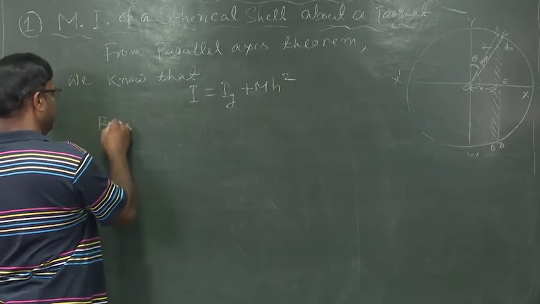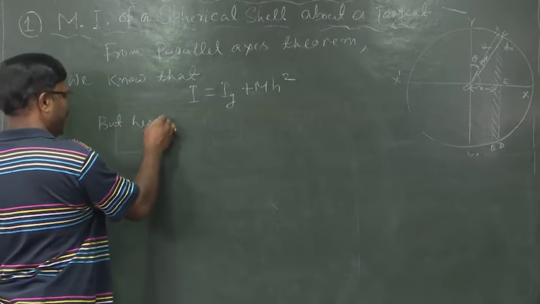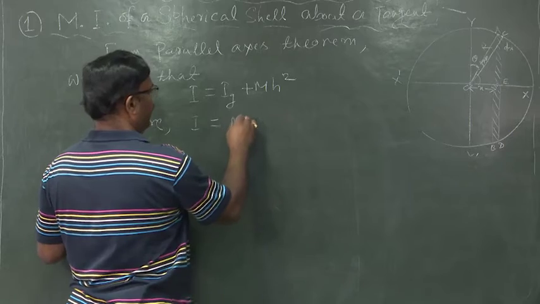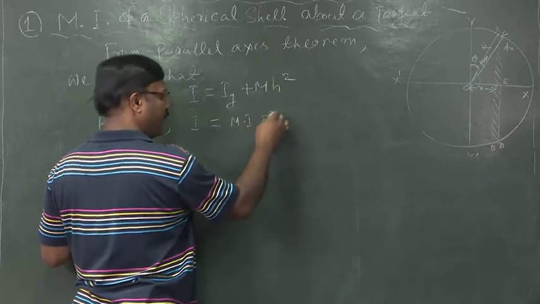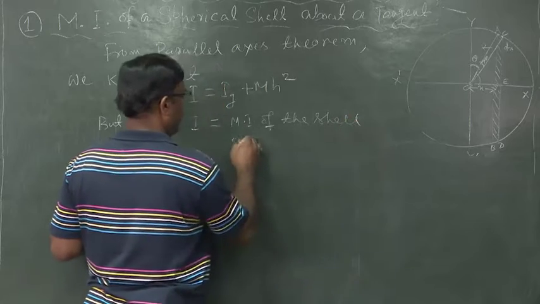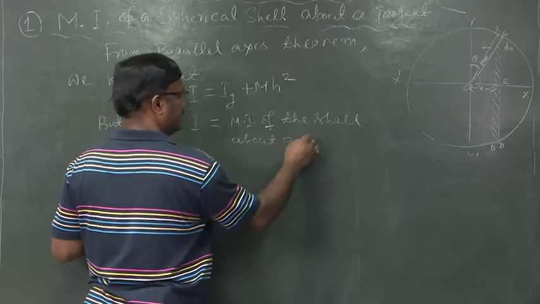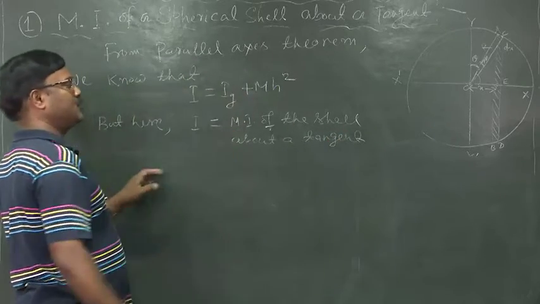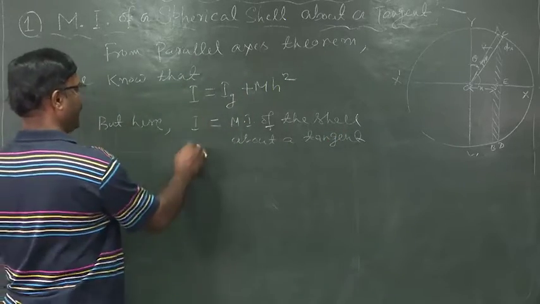But here I is equal to moment of inertia of the shell about a tangent, which is to be calculated.